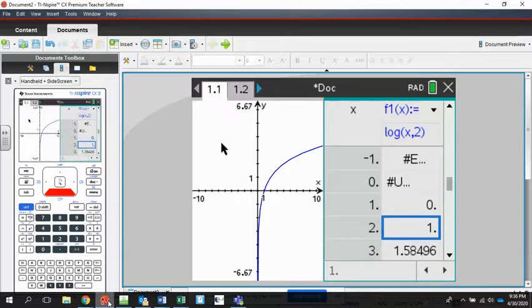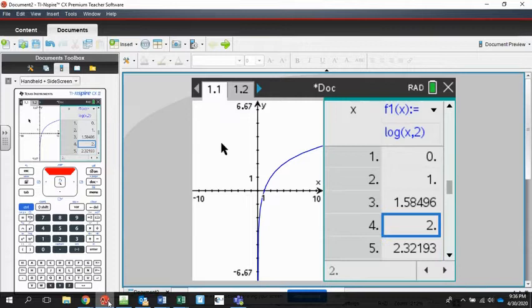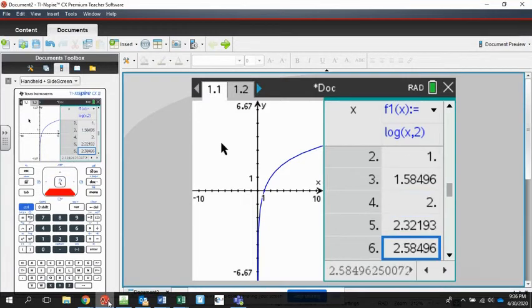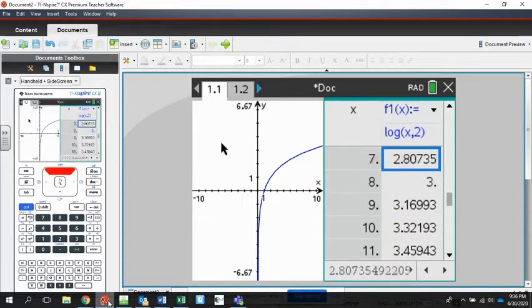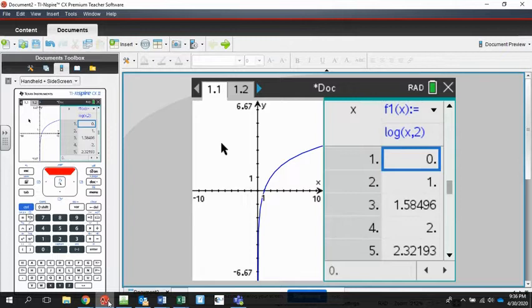We have 2, 1. Then we keep going until we get to another point, 4, 2. And then we have 8, 3. And we keep going and we get coordinate points, and they just keep increasing and increasing.